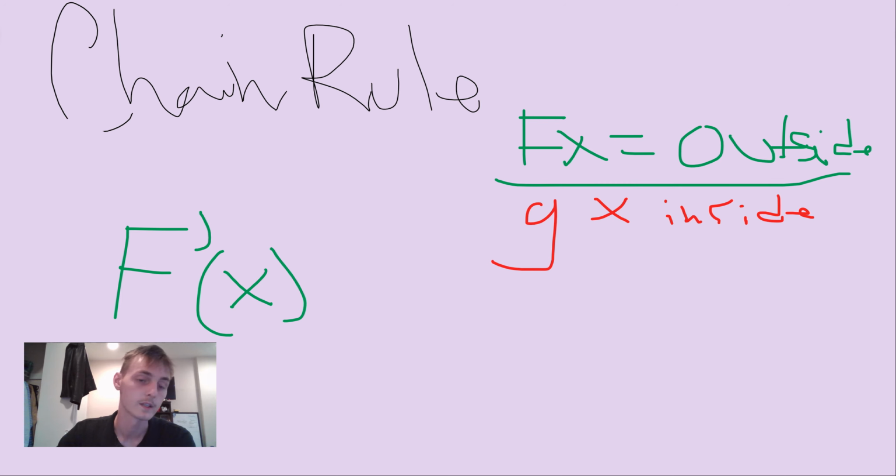So the common mistake you'll see here is where the x would normally be just the inside function, would normally be g of x to follow the chain rule. f prime of g of x, the outside with the inside here, times the derivative of the inside.